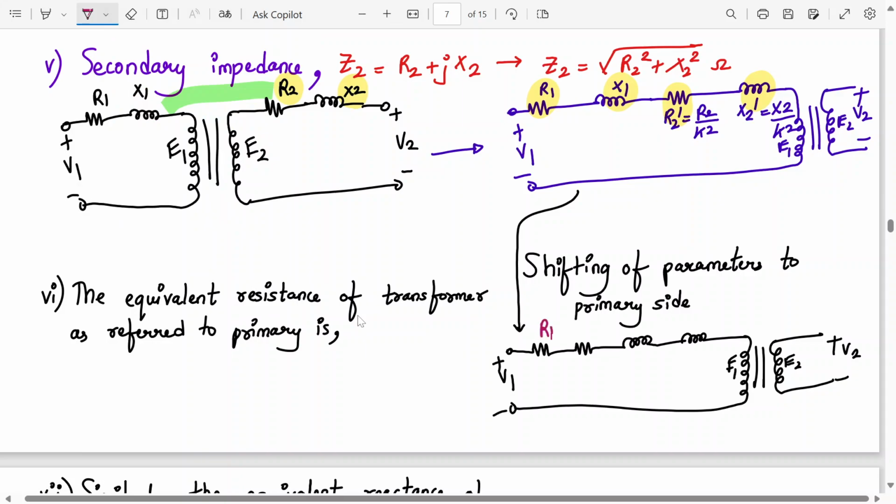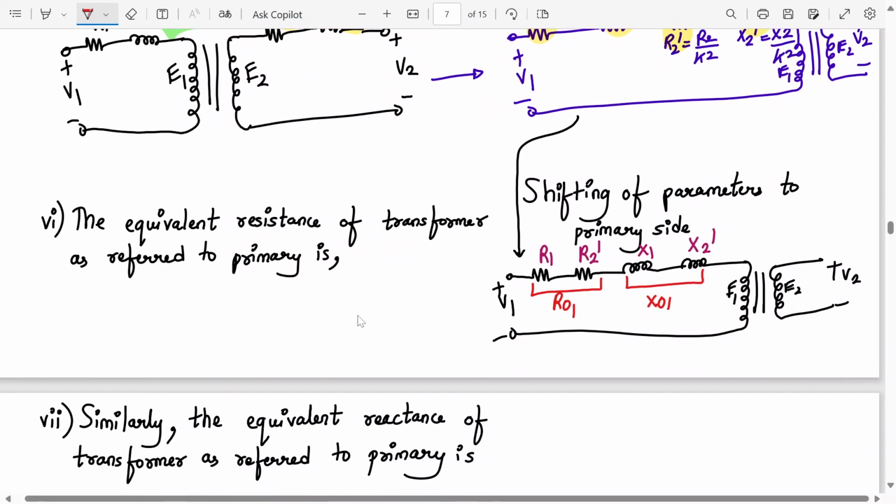Here we write R1, R2 dash, X1, X2 dash, where R2 dash will be R2 upon K square. Yes or no? So basically, these two together, R1 and R2 dash, we call it RO1. And these two together we call it XO1. Understanding?